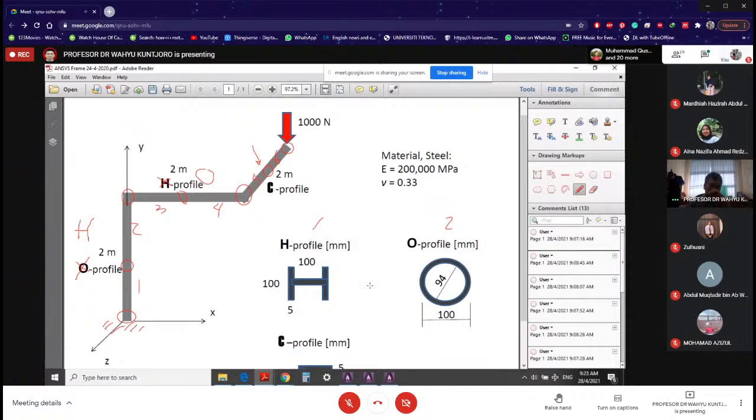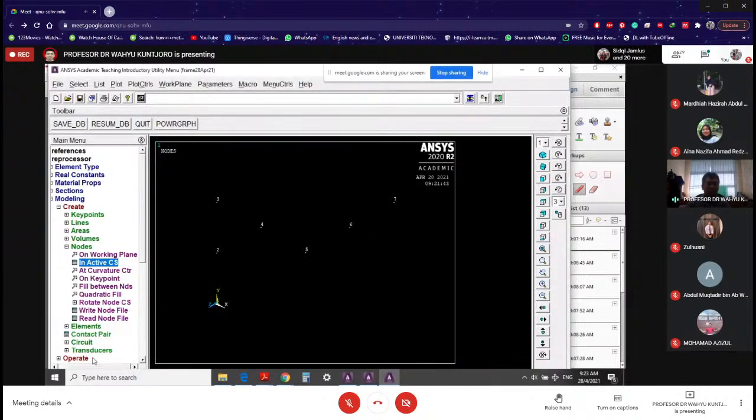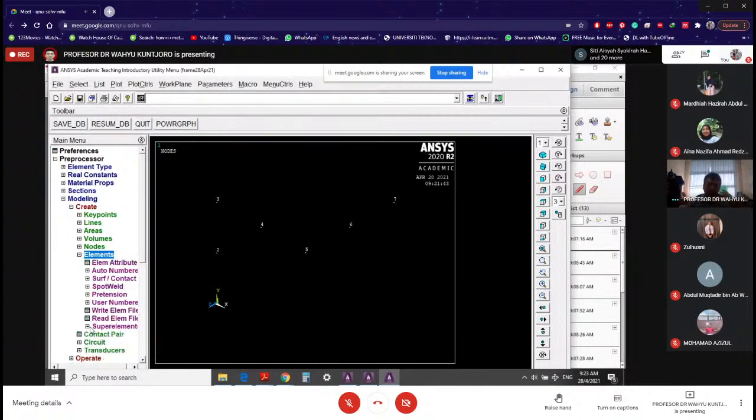So now we are going to define elements 1 and 2 based on this H profile, 3 and 4 based on this O profile, and elements 5 and 6 based on the C profile. That's what we are going to do. Now we are going to create an element, but before that, we have to define the element attribute first.